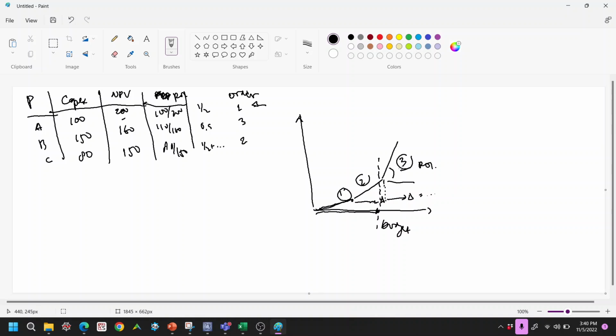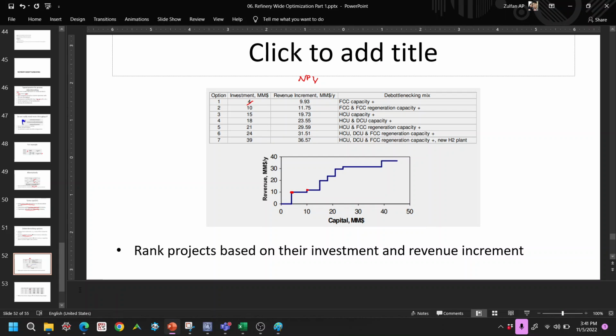This year we don't have a budget, so we will remove this out of the list. So project three is off the list, and this year or next year we'll only do project one and project two. So as simple as that, and you can learn this in that financial pinch article.